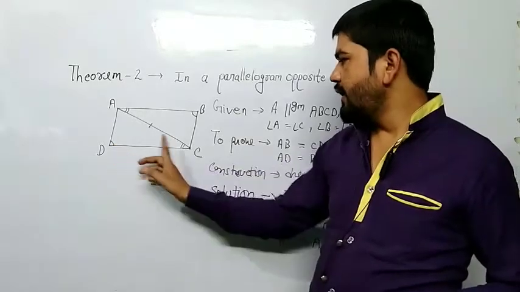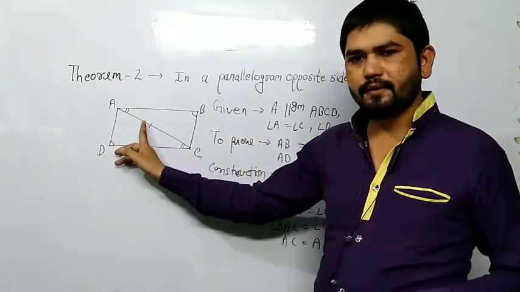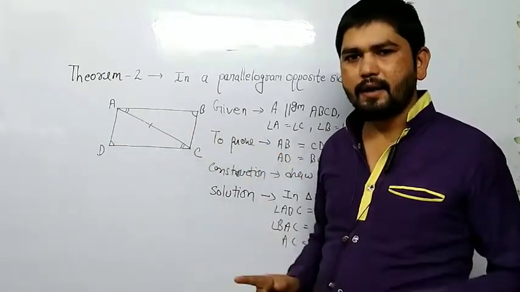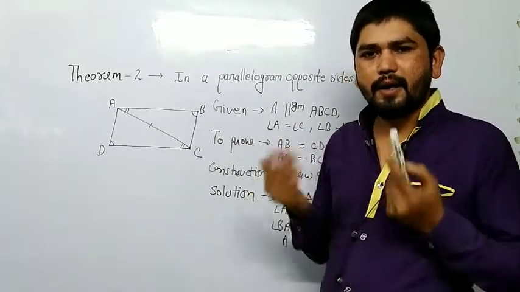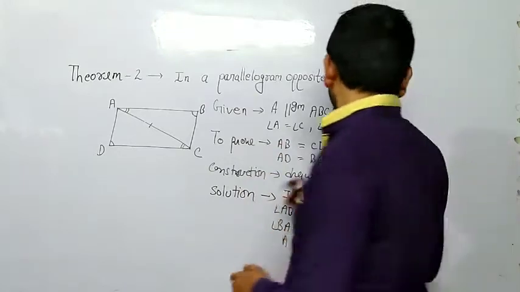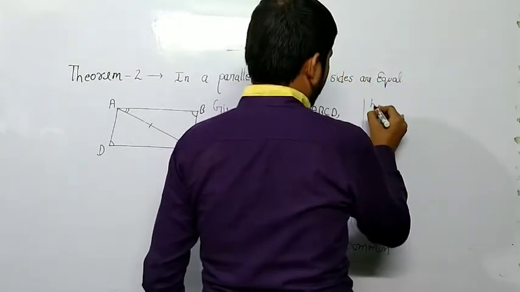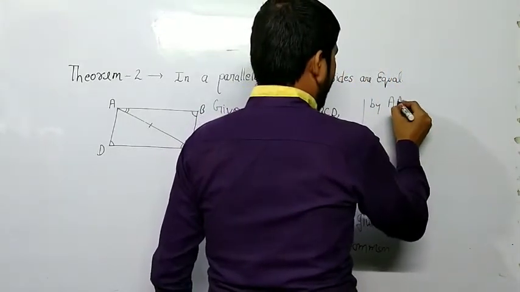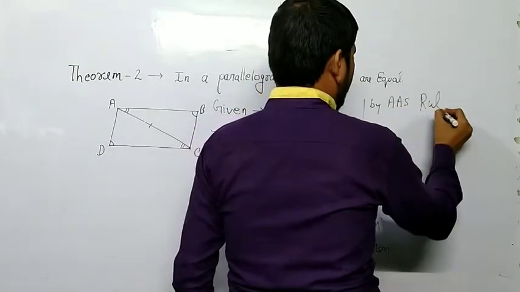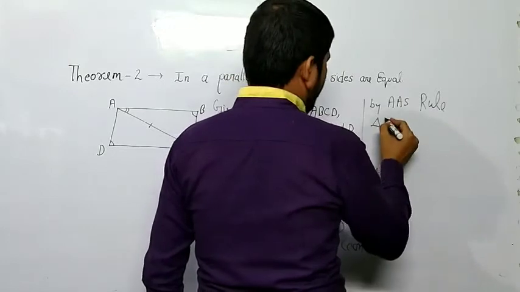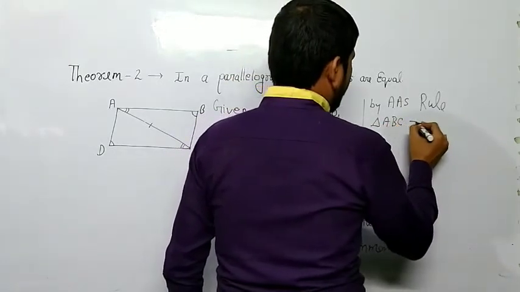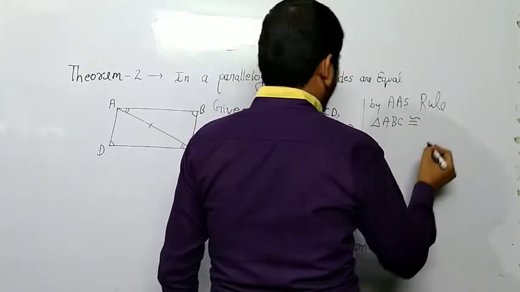Now, AAS: angle, angle, side. So by AAS rule, both the triangles are congruent. Triangle ABC is congruent to triangle ADC.